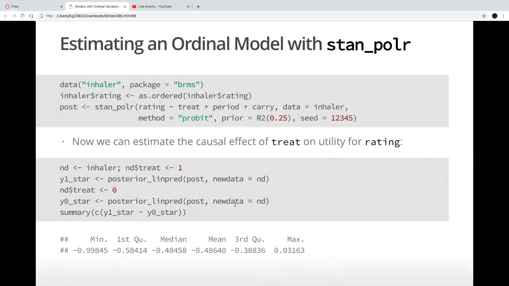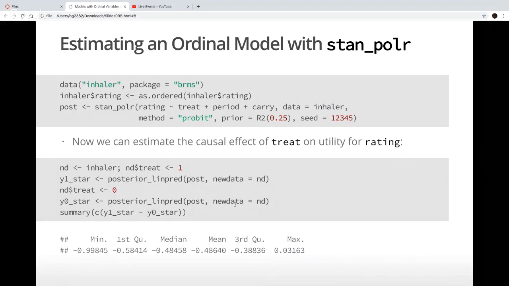So we can estimate an ordered logit model using RStanArm, and particularly the stan_polr function, which takes its syntax from the polr function in the MASS package, which estimates these sorts of models using maximum likelihood.